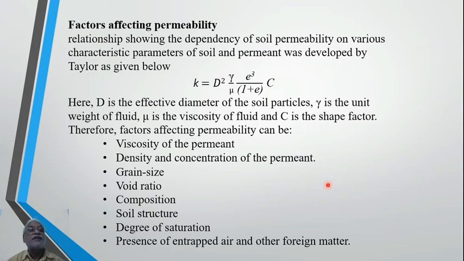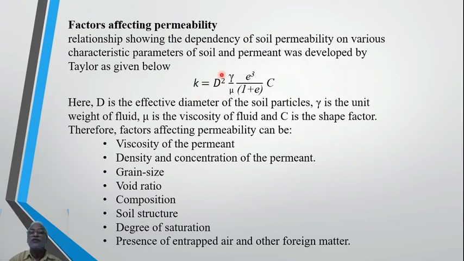Now, factors affecting permeability. The relationship showing dependency of soil permeability on various characteristic parameters of soil and permeant, that is, the fluid which is flowing through it, was developed by Taylor as given below. So this is an important equation for remembering factors affecting permeability.